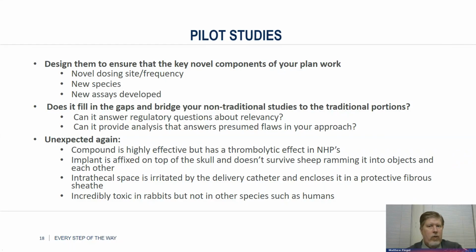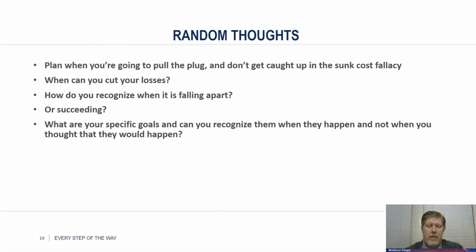So that incredibly expensive and delicate instrument you put in is now fragments. You place a catheter into the intrathecal space, and it irritates the space, which means the space walls it off with fibrous tissue and your catheter fails. We have a compound that is incredibly toxic in rabbits, but in no other species. Well, how does that directly relate to humans? Because it's sure as heck a concern at that point.